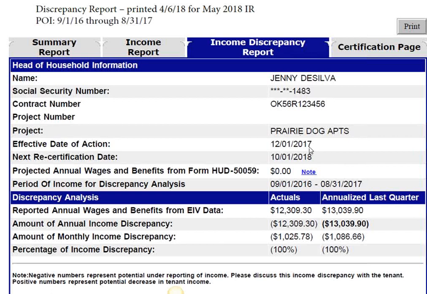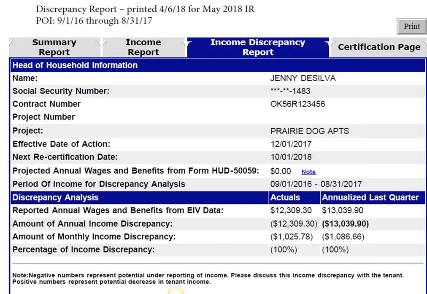Apply your formula here and rewind 15 months back from 12/1/17. And what do you get? September the 1st, 16 through August 31st of 17. Right. See here, she's getting 12/1/17 is the discrepant cert.